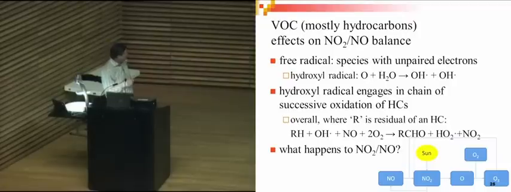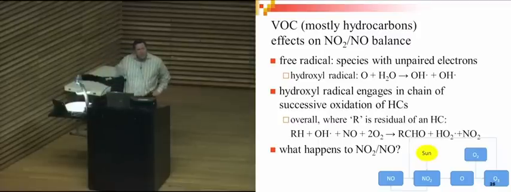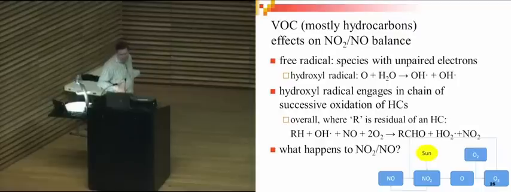So it'll react with that hydroxyl radical and nitrous oxide and oxygen to form more of this NO2, as well as a reactive radical that will continue to form some NO2. And this is kind of an ongoing chain. So these hydrocarbons will generate these free radicals and kind of fuel the production of NO2.